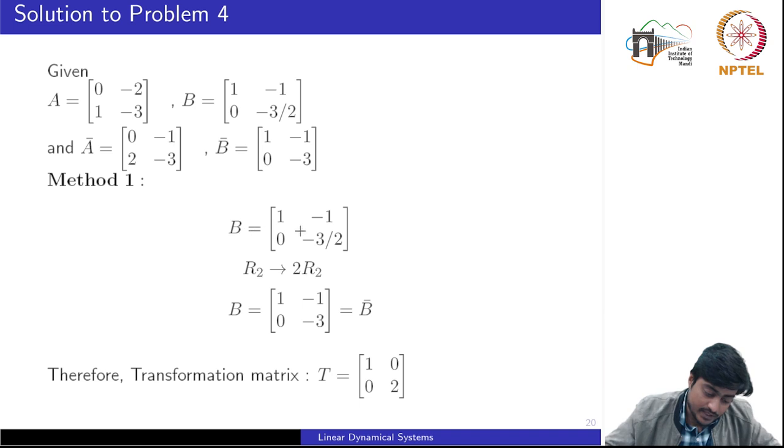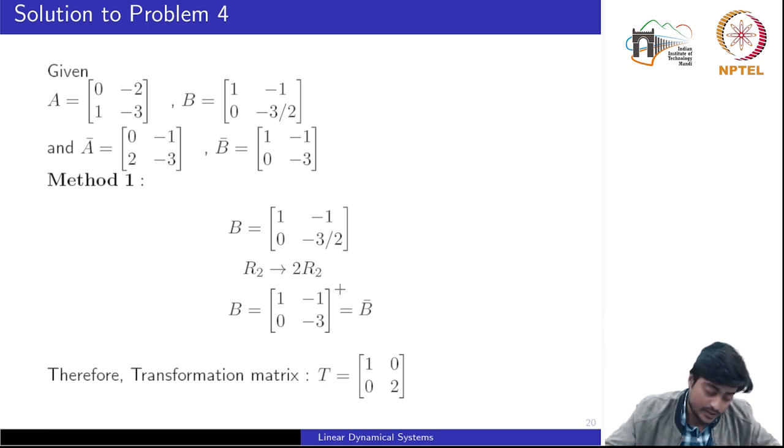Say, for example, starting with this B matrix, I do this operation, where row 2 is replaced by the scaled value of this row, so I would obtain this B matrix. And this B matrix is nothing but your B bar matrix. By doing simply this row operation on the second row of the B matrix, we obtain this B bar. So in that case, this transformation matrix is simply given by this one.